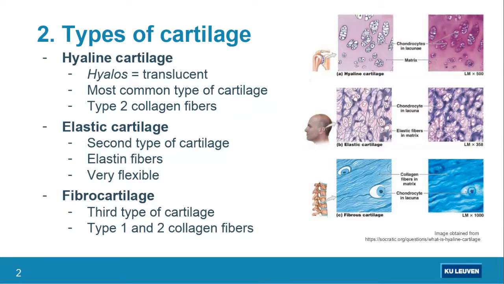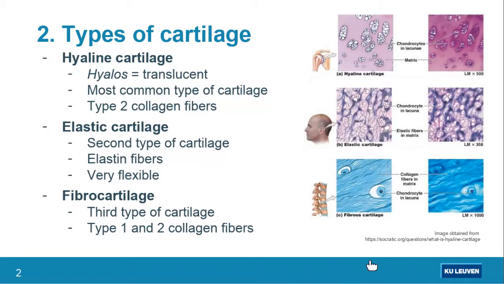If you touch your ear and fold it a bit, you can do it because it's composed of elastic cartilage. The third type of cartilage in our body is the fibrocartilage, characterized by the presence of type 1 and 2 collagen fibers. An example can be found in the intervertebral discs.